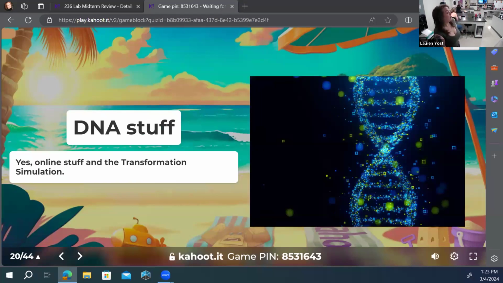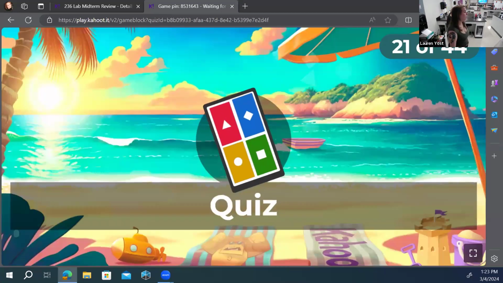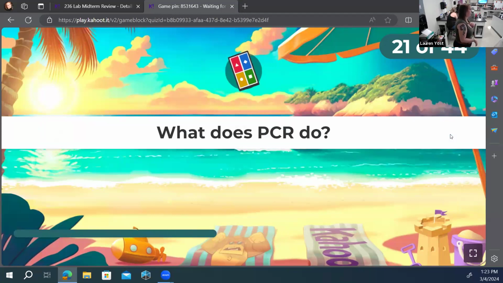All right, then the DNA stuff, the stuff you have to know that we didn't practice in lab, but I gave you that study sheet for, and like I said, most of that was covered on the test too, so it shouldn't be news really. It includes transformations, that transformation reaction.